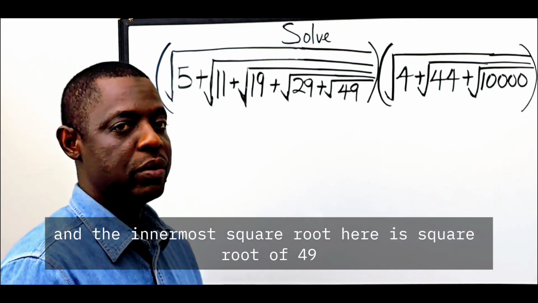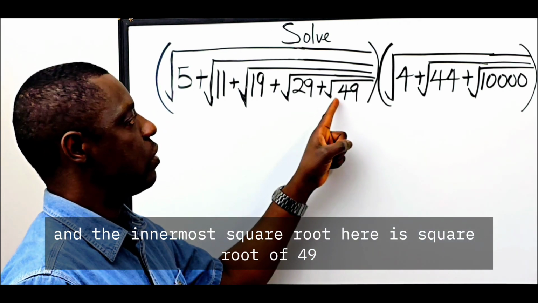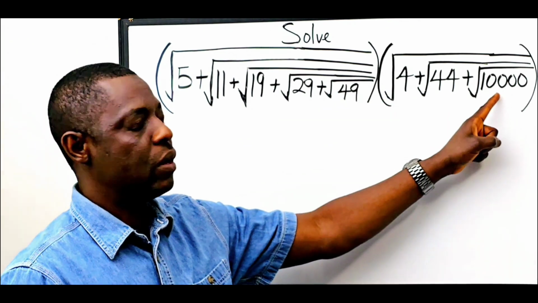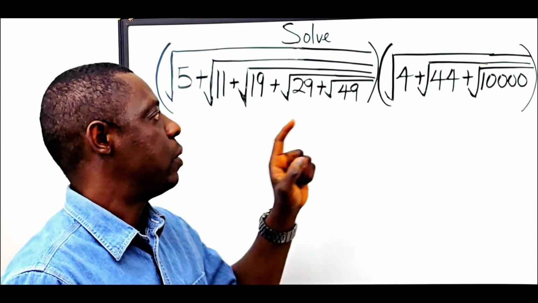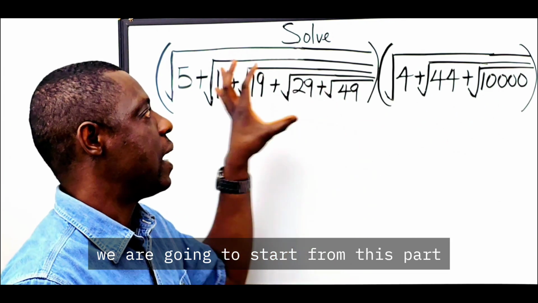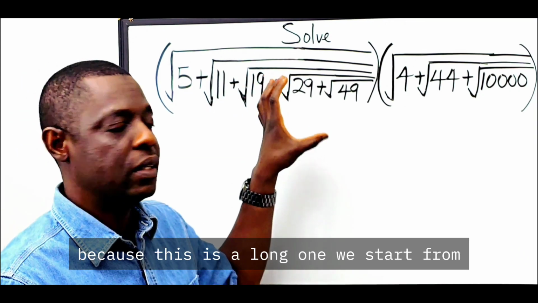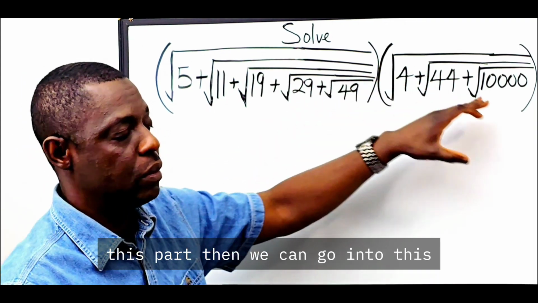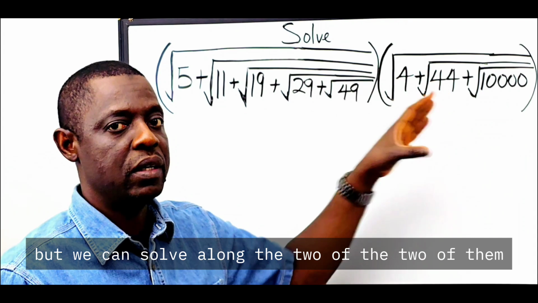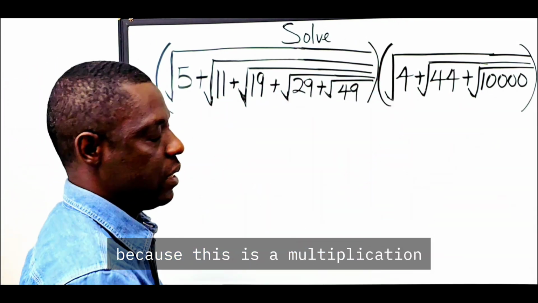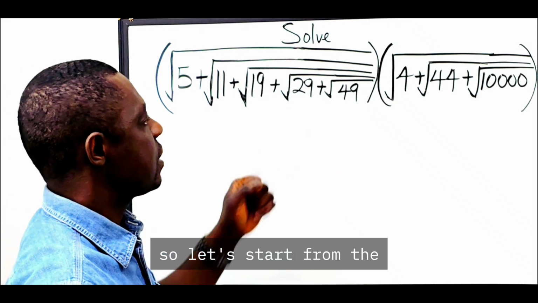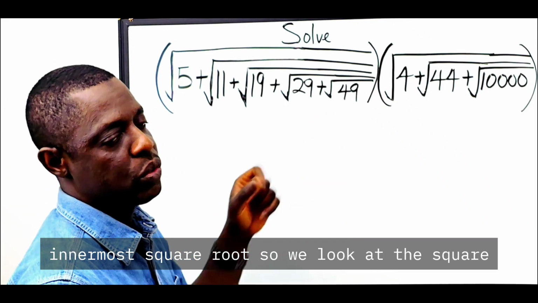And the innermost square root here is the square root of 49 and also the square root of 10,000. But we're going to start from this part because this is a long one. We start from this part, then we can go into this. But we can solve along the two of them because this is a multiplication. So let's start from the innermost square root.